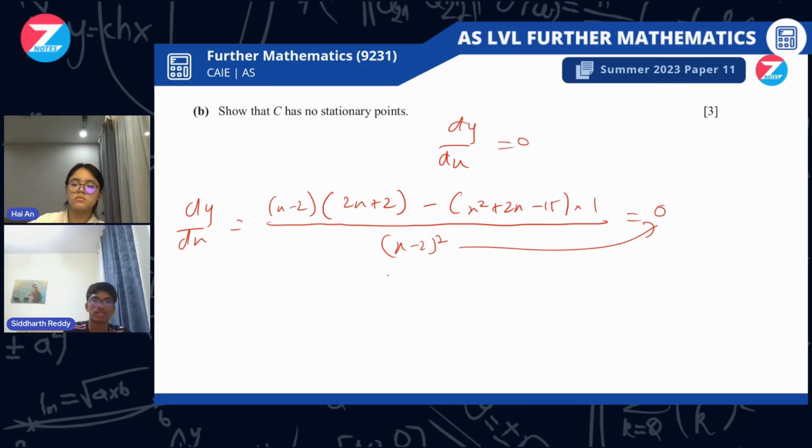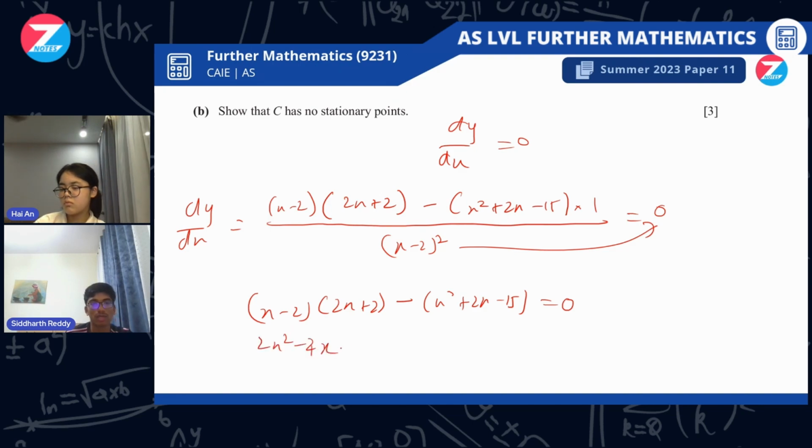Just bringing this to this side, we're left with x minus 2 into 2x plus 2 minus x squared plus 2x minus 15 is equal to 0. So we have 2x squared minus 4x plus 2x... what's going on? Let me just do this again.